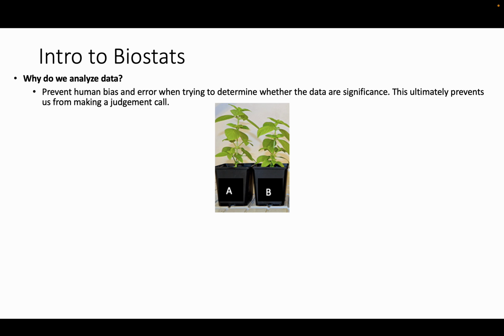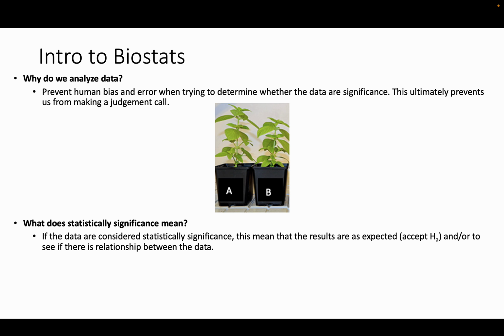But if you just draw the conclusion that fertilizer A is better than fertilizer B just because the plant here appears to be a little bit taller, you would be making a huge judgment call, and this is bias. So again, in order for this to be correct, you would obviously need more sample size, and you actually need to measure the length of each plant and then perform statistical analysis before you can derive a conclusion.